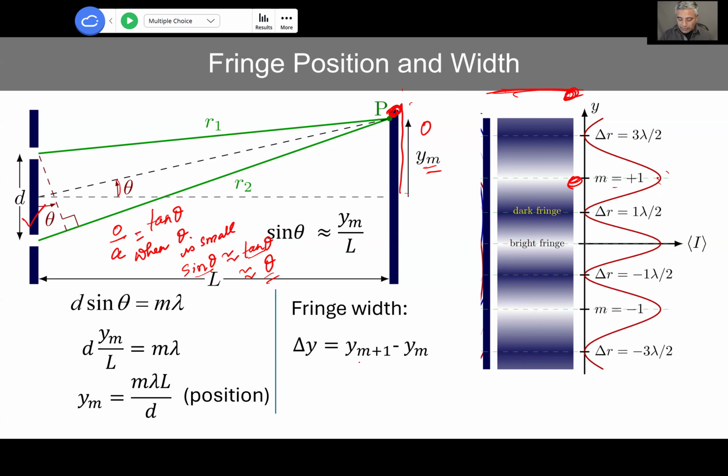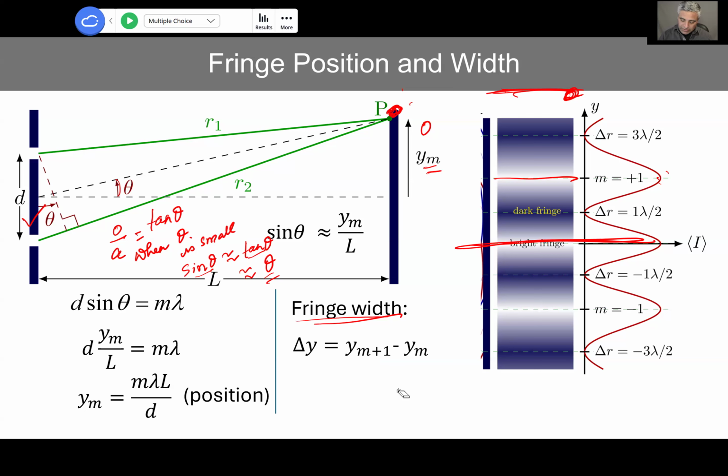If m is equal to 0, then it is y1 and y0, that means between the 0th and the first one. But if you use m is equal to 1, it's going to be y2 minus y1. Again, this difference is this width I'm talking about. Fringe width, that's what is called fringe width.